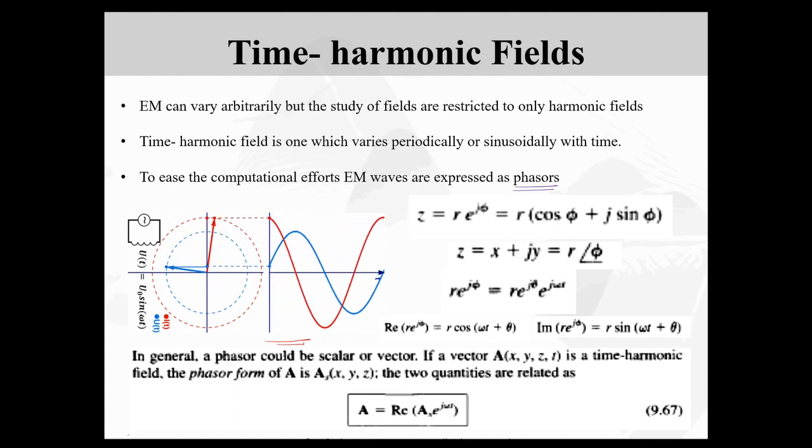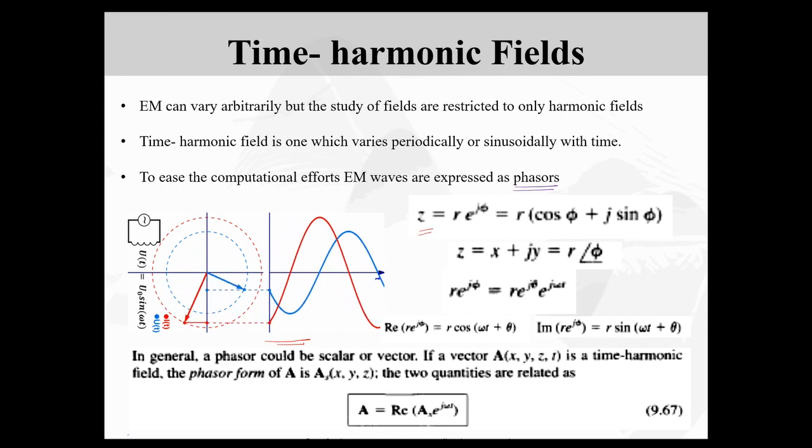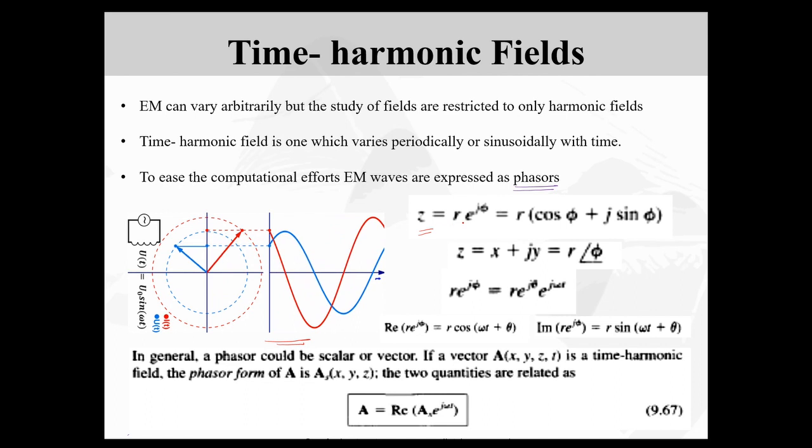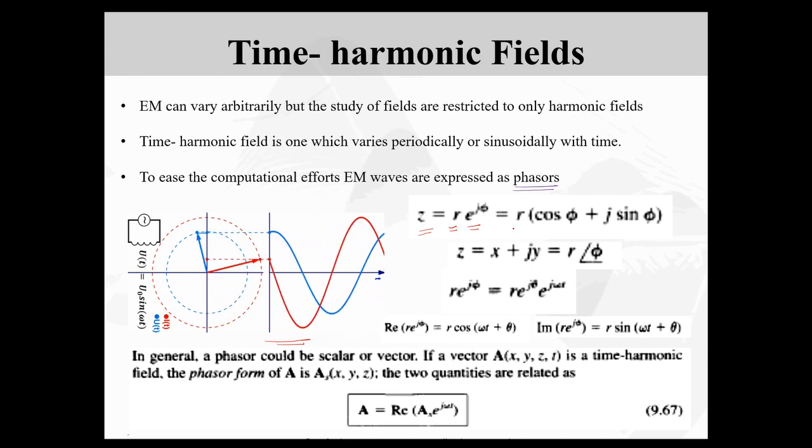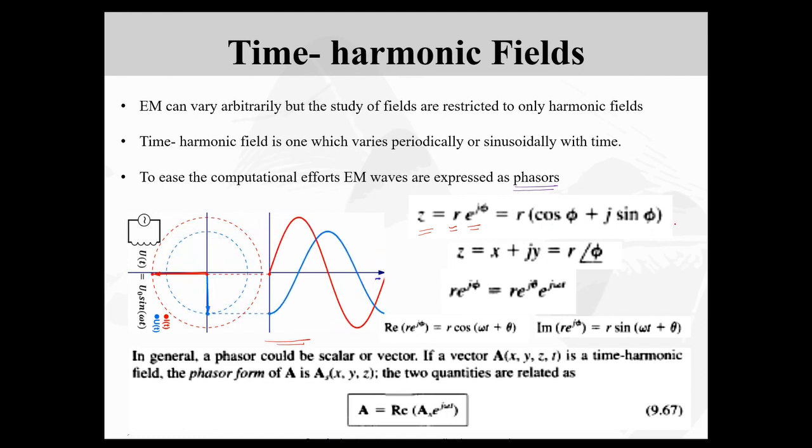To understand the phasor, we need to know the concept of complex numbers, where the complex value z is represented as magnitude times phase part, where the magnitude is r and the phase part is e to the power j phi. And this can be expressed in the form r multiplied by cos phi plus j sin phi. This is by Euler's formula, a very popular formula.